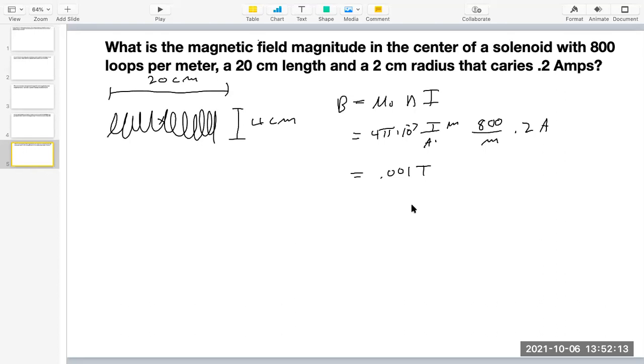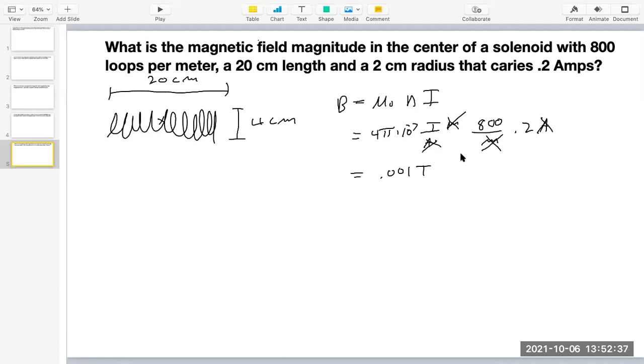So getting into the base units of loops per meter is definitely a good step. If you had loops per centimeter, getting to loops per meter would be wise. So the units, meters, cancel meters, amps cancel amps, and you're left with Tesla.